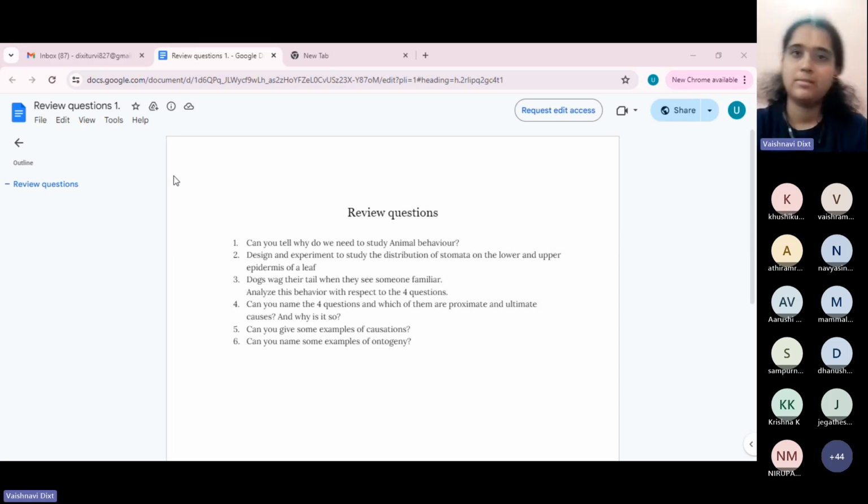Change in temperature causing migration of species. Yes, correct. Any more? Come on. Fixed action pattern. Yes, correct.